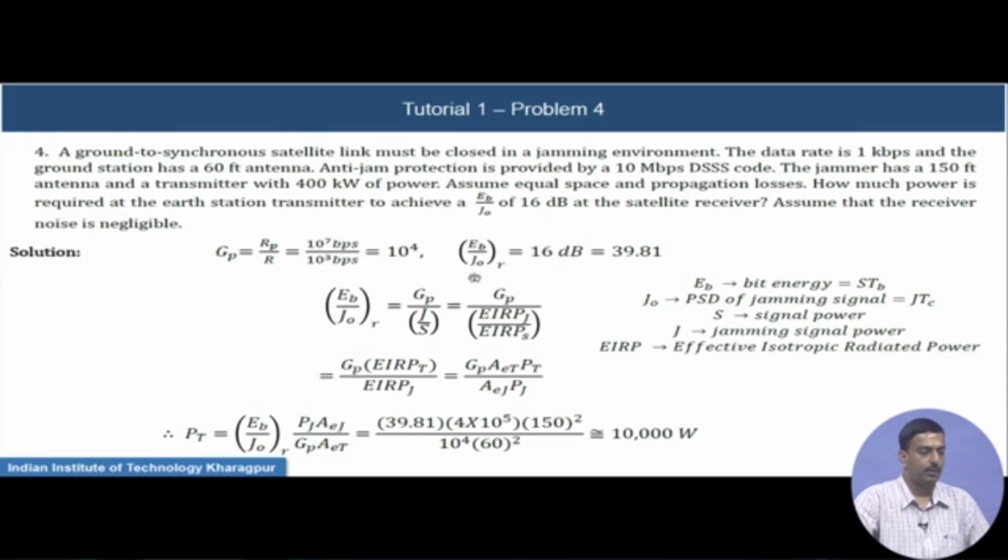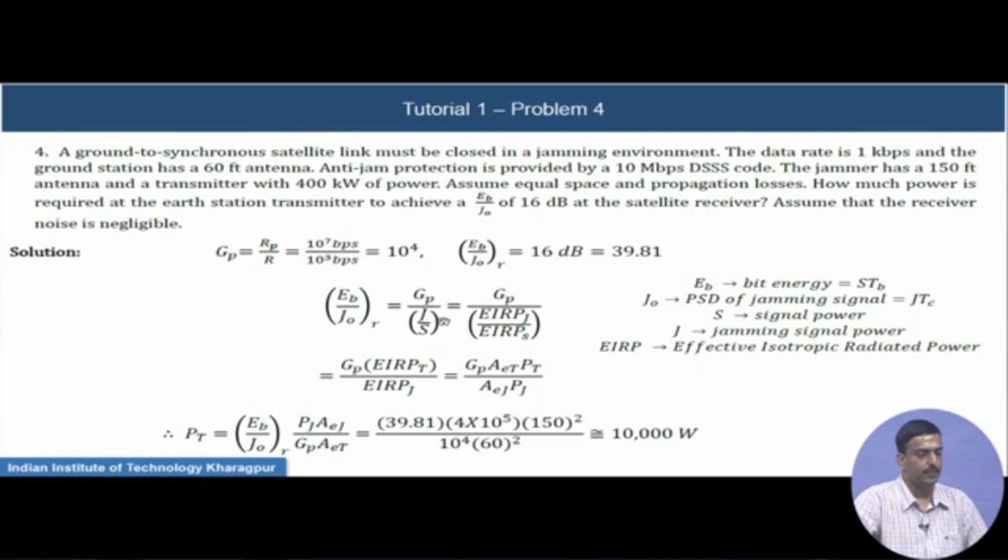We further convert the specified Eb/J0 value, which is in dB, to an absolute number. Now there is a relationship between Eb/J0 at the receiver, the processing gain, the jamming signal power, as well as the signal power which is transmitted from the earth station.